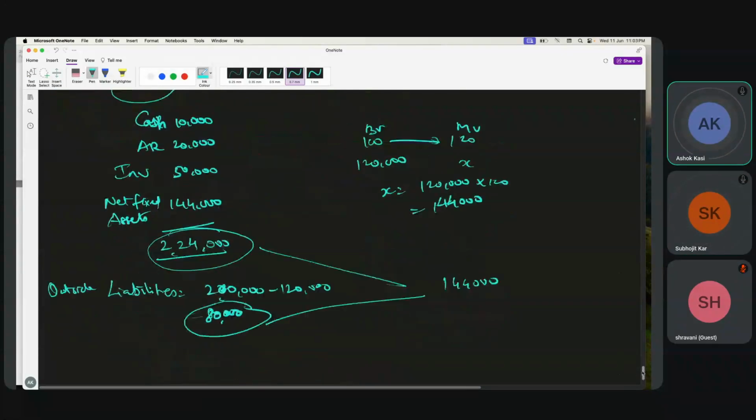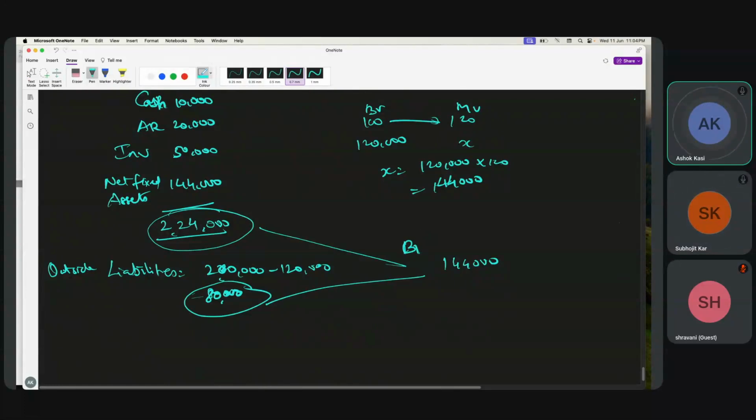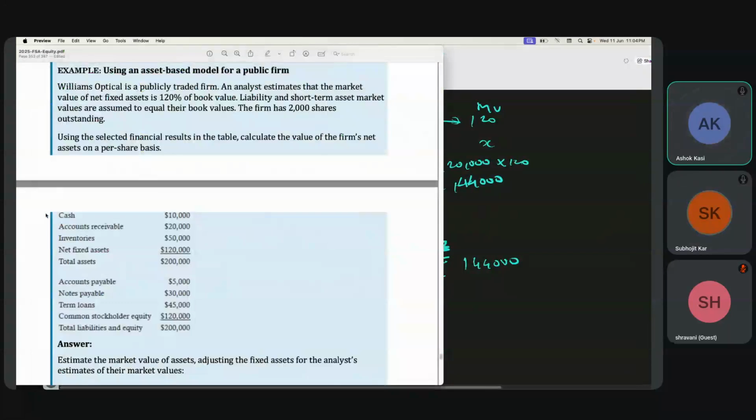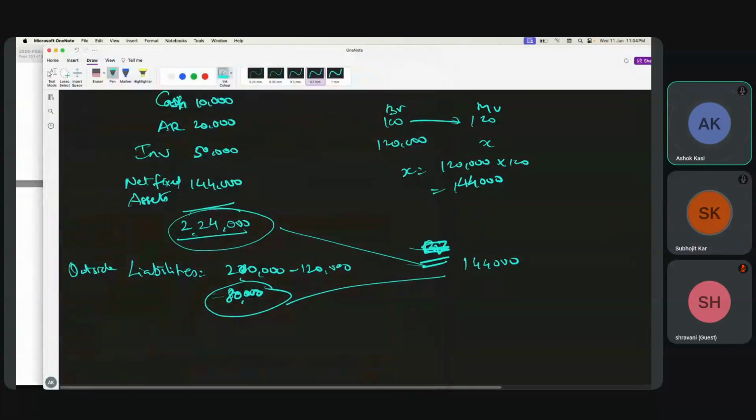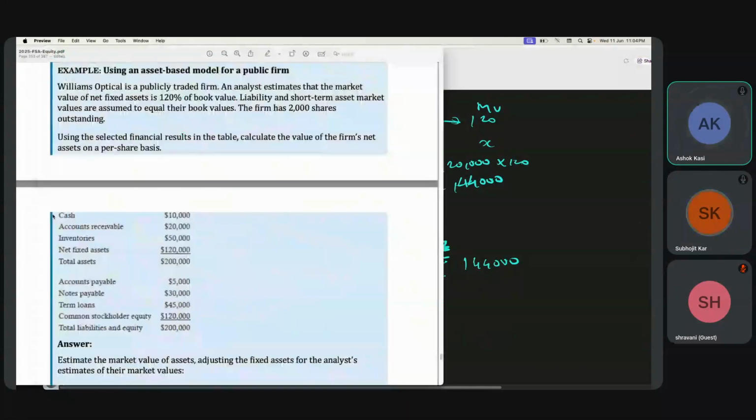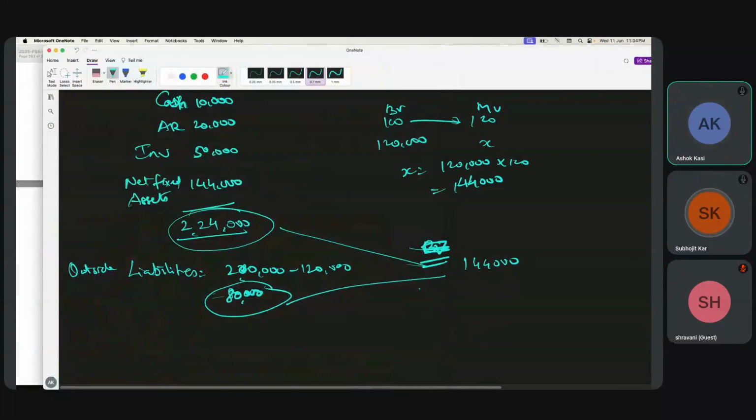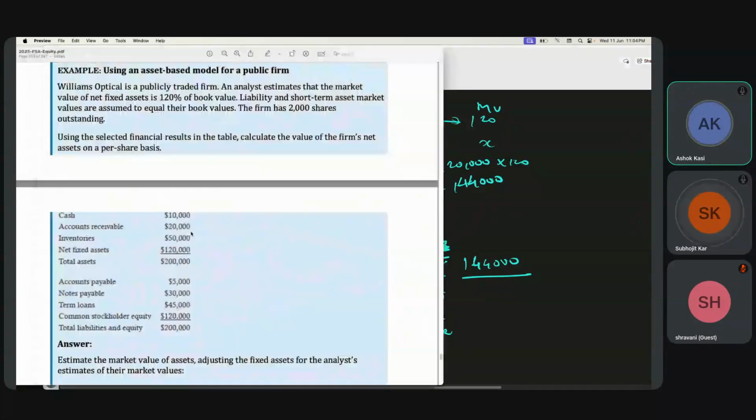So 144,000 is the net assets. Because I want per share, I will divide it by the number of shares. Number of shares is 2,000.